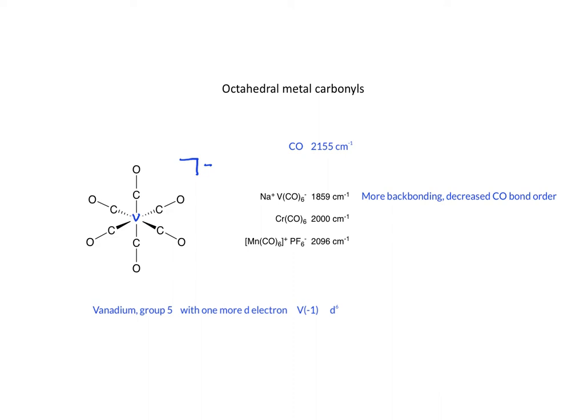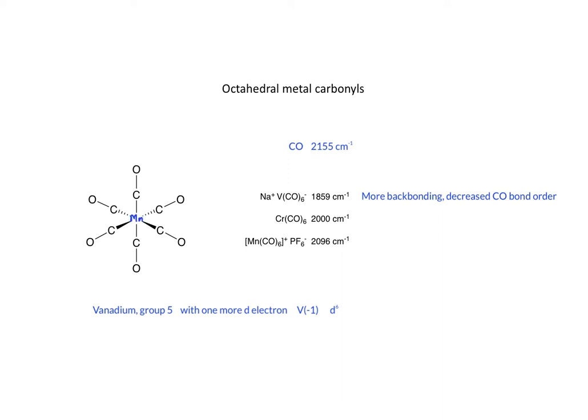And this is revealed by the infrared stretch at 1859 wave numbers, greater than the bond order of a ketone, but probably closer to bond order of 2 than to 3.